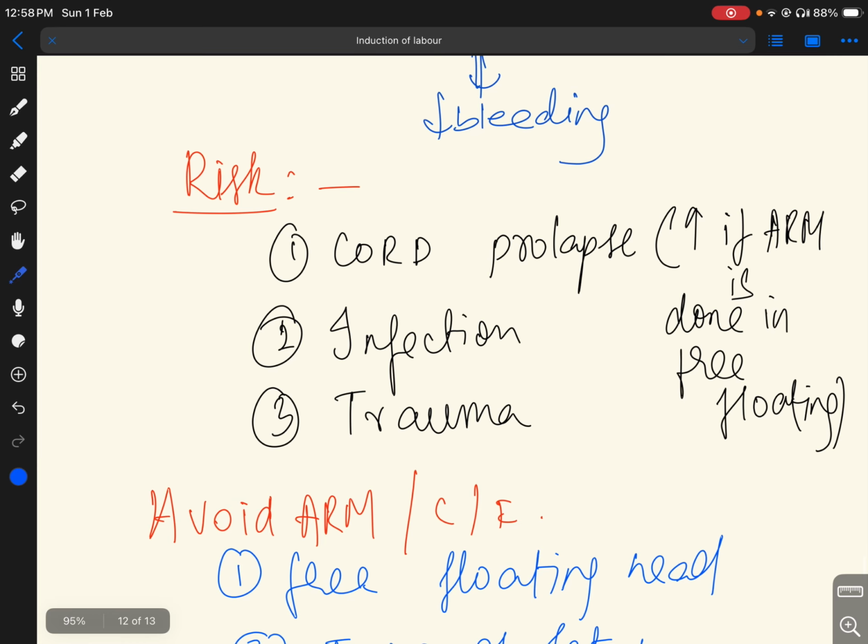What are the risks? The risk of prolapse is high if artificial rupture of membrane is done in free floating head. So you should not do it in a free floating head. The head should be fixed. Risk of infection and risk of trauma.